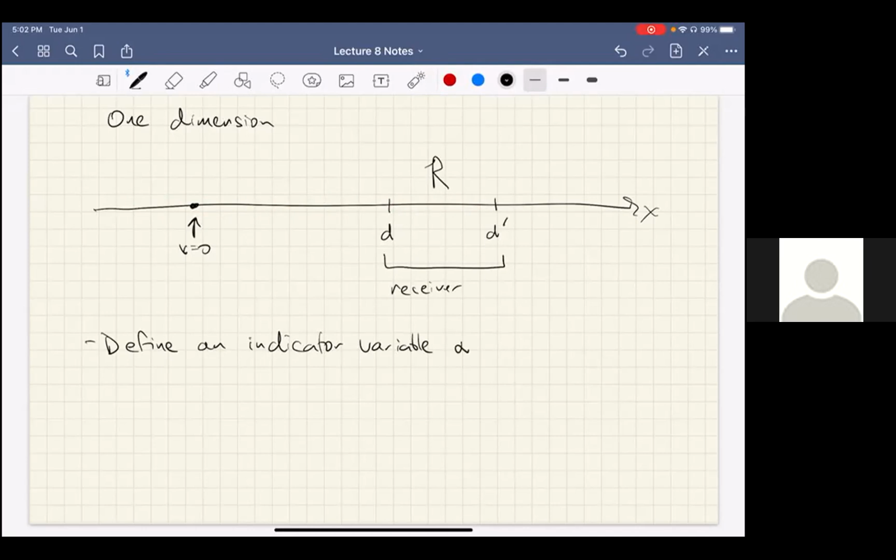And we are going to say alpha equals 1 if my Brownian motion is in the receiver, and alpha equals 0 if the Brownian motion is not in the receiver. So it's an indicator function indicating whether the Brownian motion is in the receiver or not.